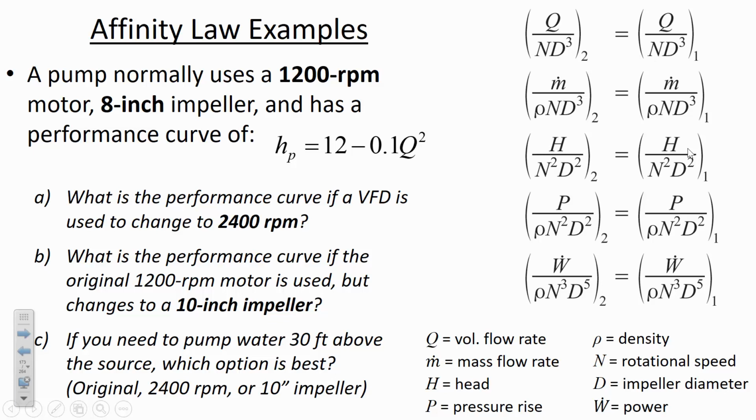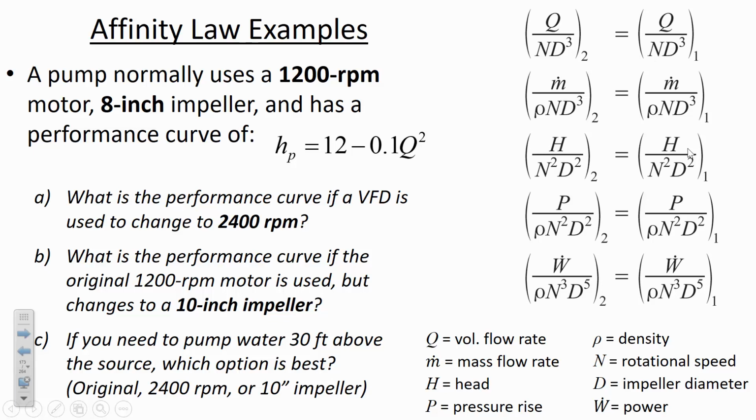If we rearrange that, H2 is 48 minus 0.4 times 0.25 Q2 squared. We're squaring what's inside the parentheses, the 0.5 Q squared. So in the end, when we finish simplifying everything, H2 is 48 minus 0.1 Q2 squared.